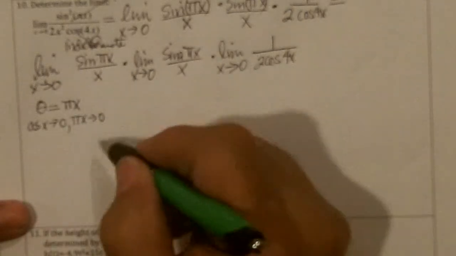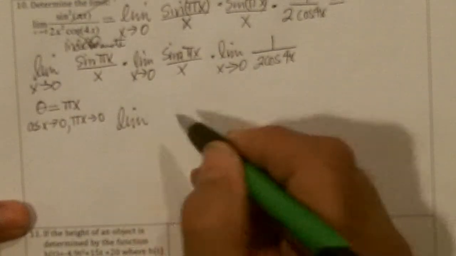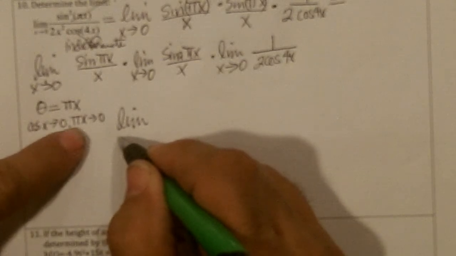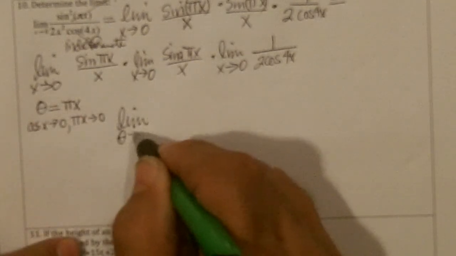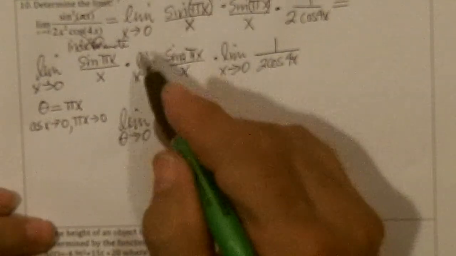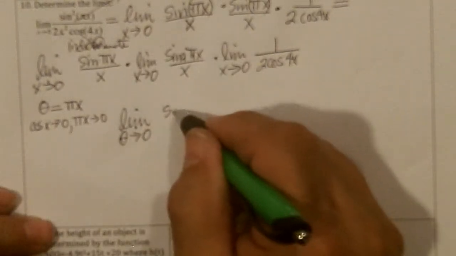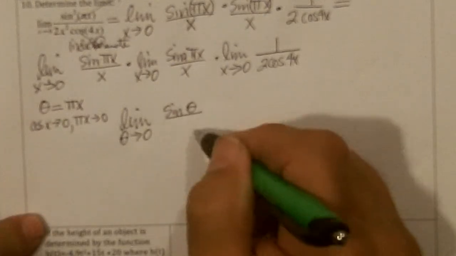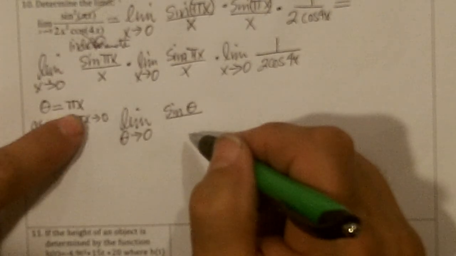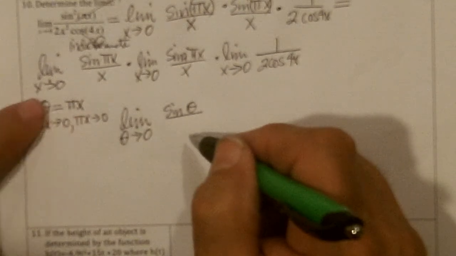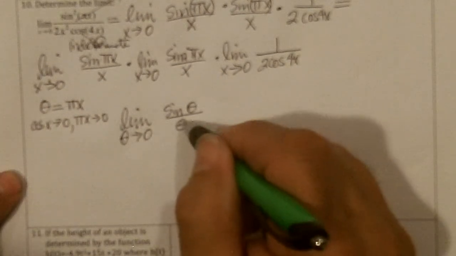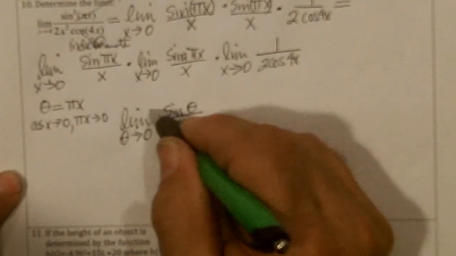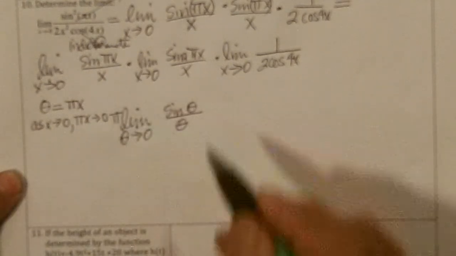I can rewrite this as the limit as pi x, or theta, goes to 0 of sine of pi x, or theta, over, and x would be, if I solve this for x, theta over pi, which means that pi would end up in the numerator or could be taken out.